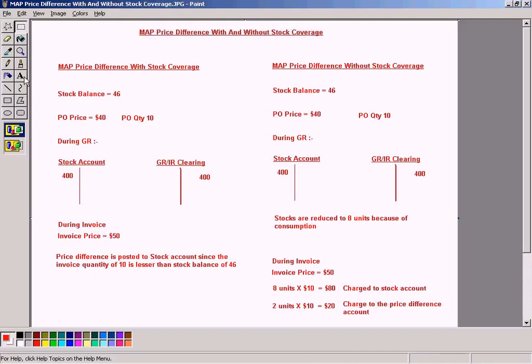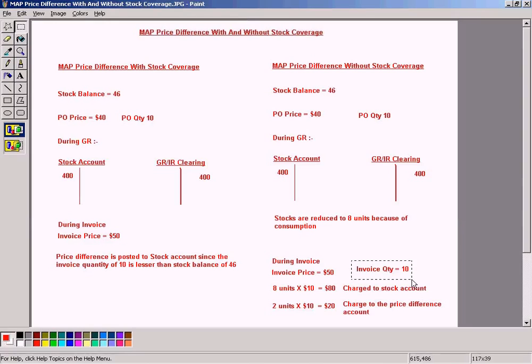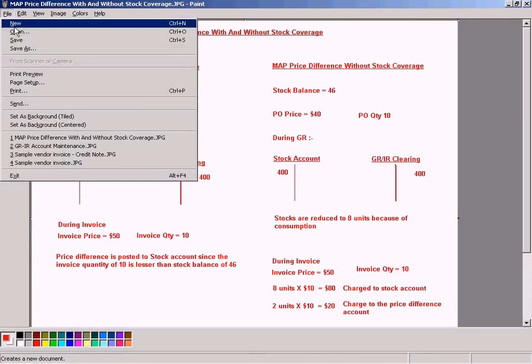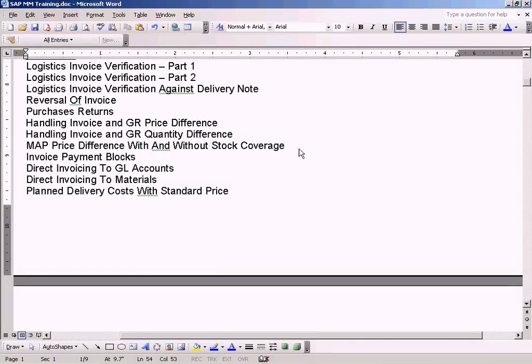If the availability of the stock unit is lesser than the 10 units that we're going to invoice, let me just put invoice quantity 10, then the system will post only up to the available stock balance for the price difference, and the remaining price difference will be posted to a price difference account.